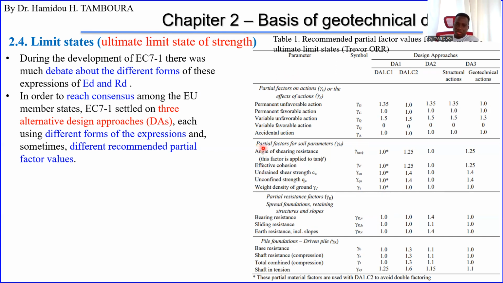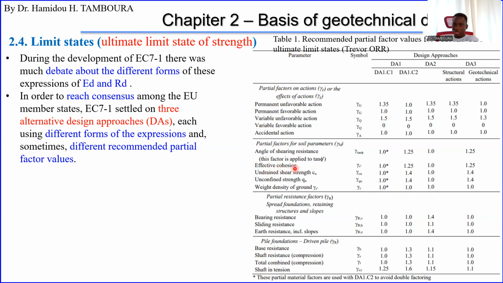We have here the partial factors for soil parameters, meaning gamma M in the expression we saw before. The angle of shearing resistance, for example, has gamma phi. That one is applied to the tangent of phi prime, so gamma tangent phi, the values are here.